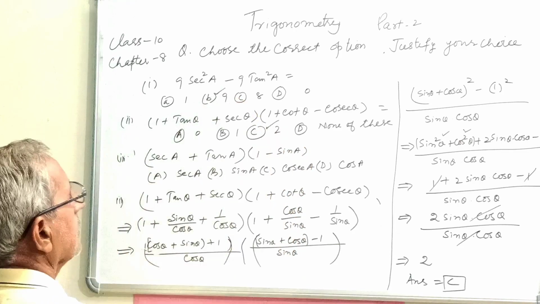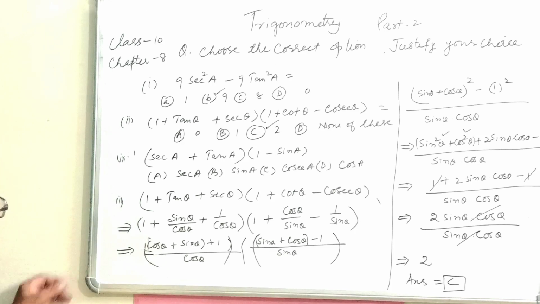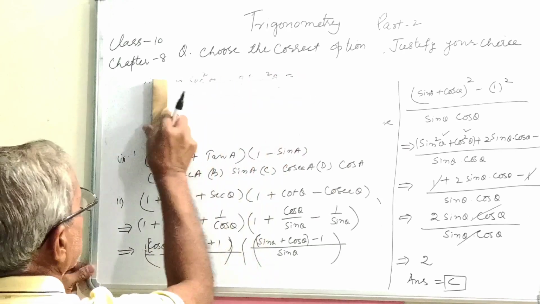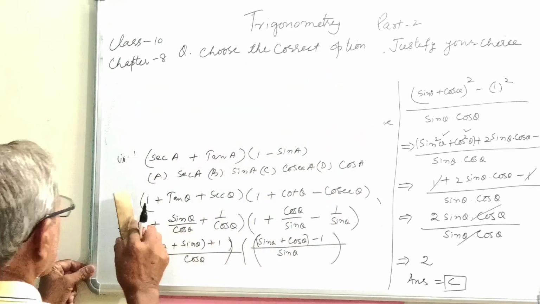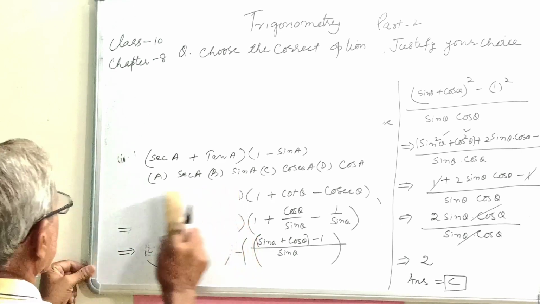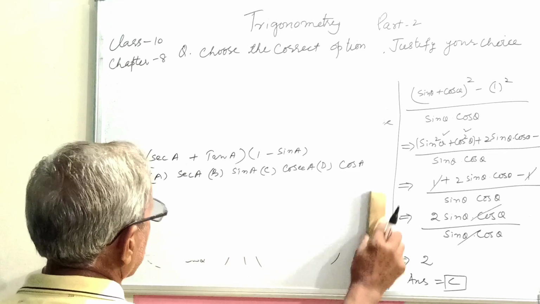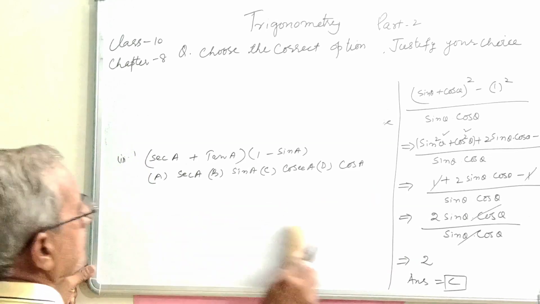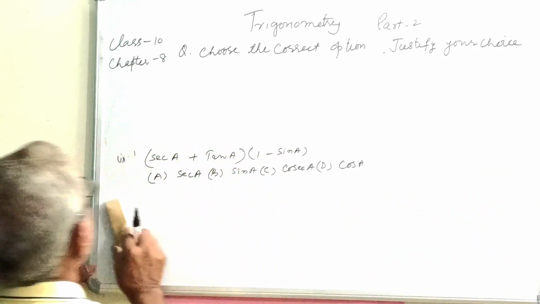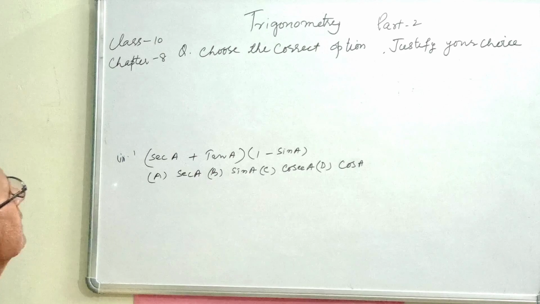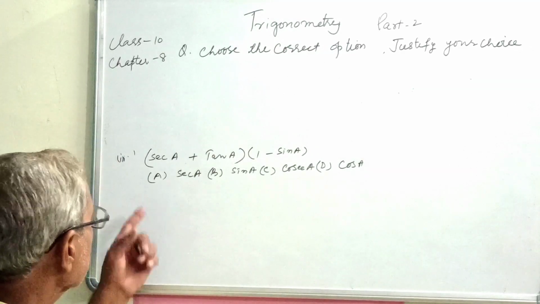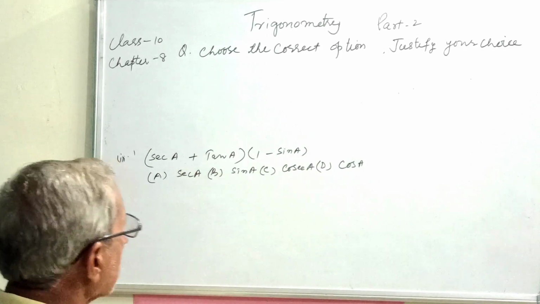So here it was B. Now let us take the third part. The third part is (secant A plus tangent A) into (1 minus sin A). Out of these 4 options, which will be the correct option?